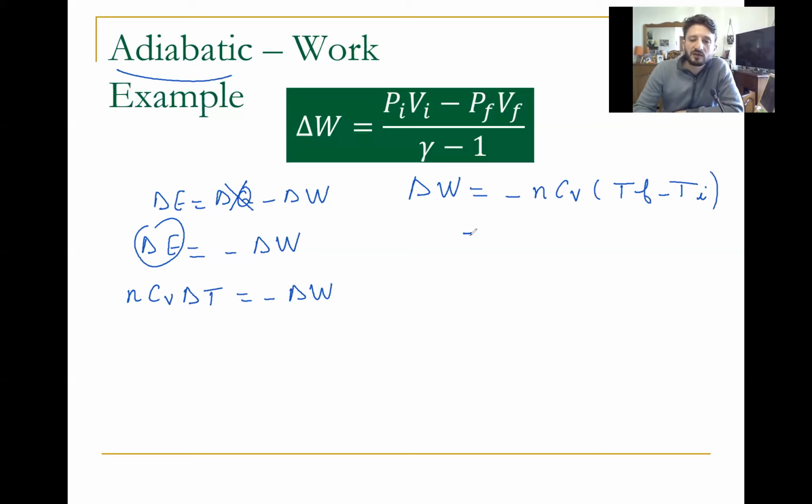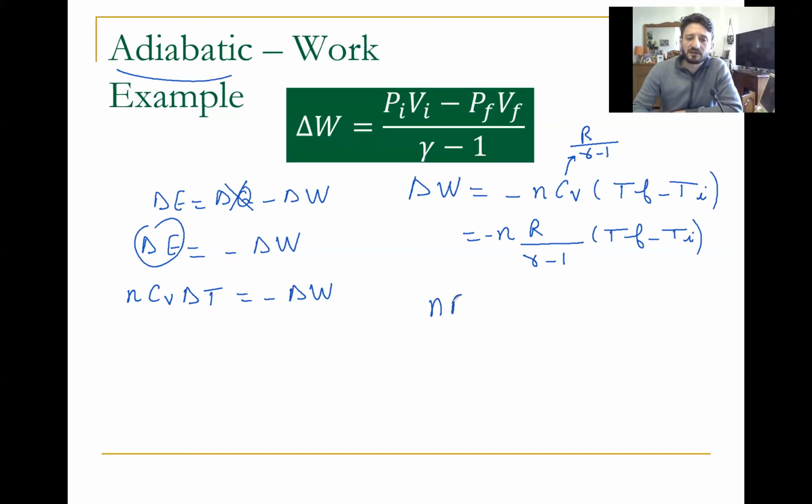Okay, equals minus n, you know, CV equals R divided by gamma minus 1. So here we have minus n R divided by gamma minus 1 times (T final minus T initial).